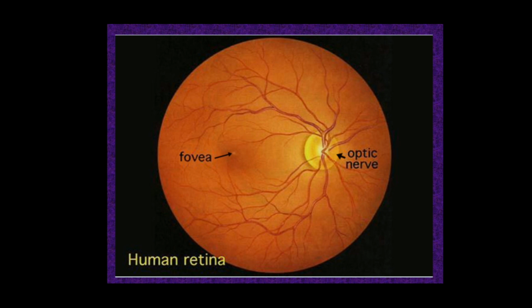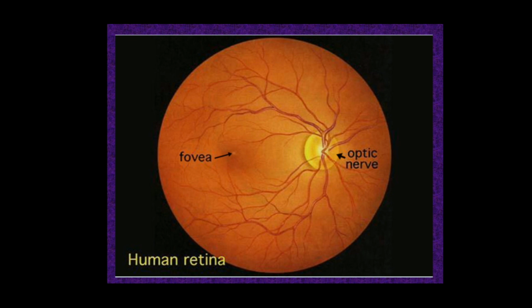Now let's see the two major spots or regions in the retina. One is known as the fovea or yellow spot, the other is known as the blind spot. Blind spot is the region where the optic nerve arises. Here you can see blood vessels forming a network.